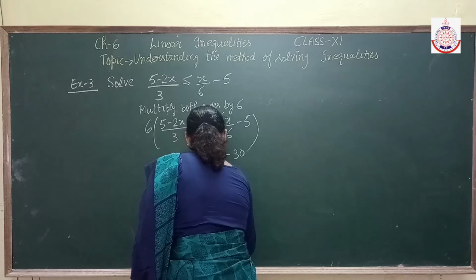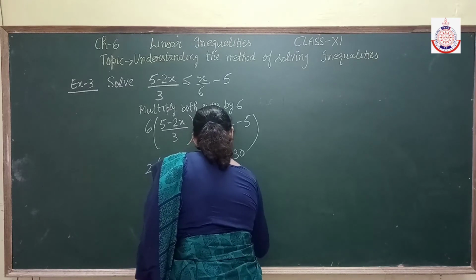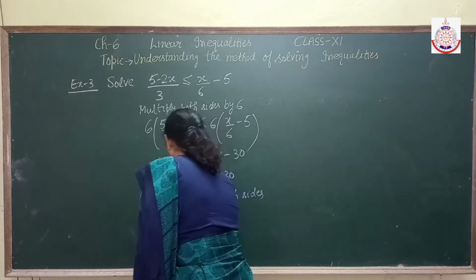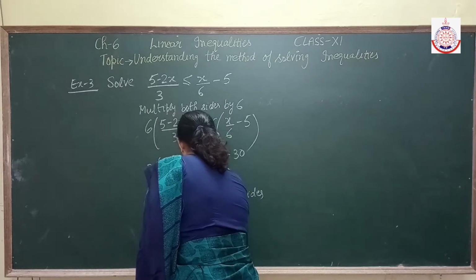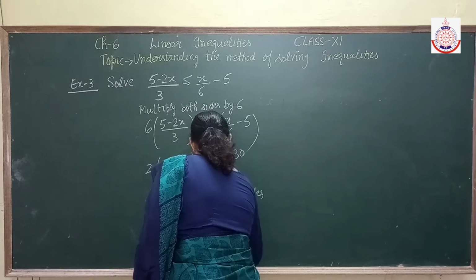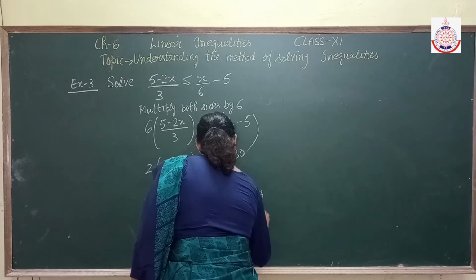Adding 4x on both sides: 10 minus 4x plus 4x less than or equal to x minus 30 plus 4x.